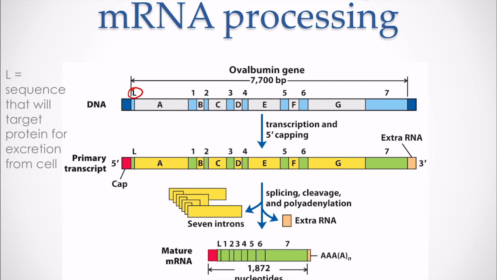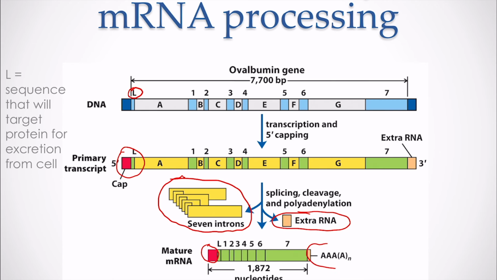Now the ovalbumin gene is going to have several introns that are going to get spliced out, and it also has a little bit of extra RNA that needs to be spliced out. Then the mature messenger RNA is going to contain that 5' cap, the poly-A tail, and all of its exons in between.